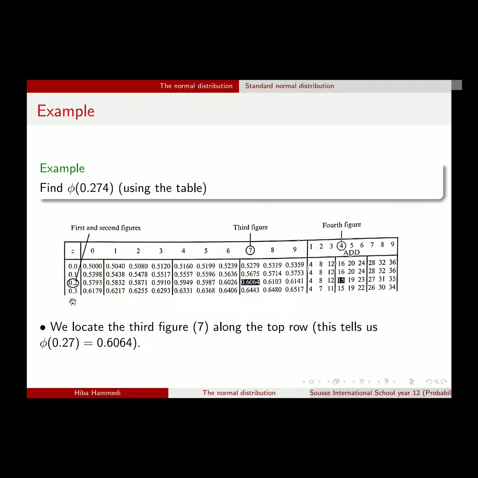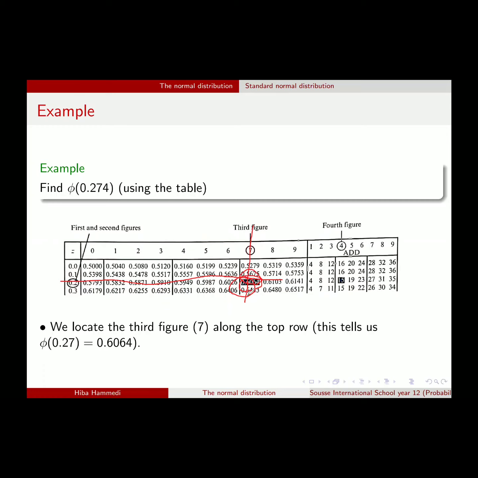Now the second step, we need to locate the third figure. The third figure is 7 here. So the third figure should be located here in this column. Now I need to see what is the intersection between this row and that column. So the intersection between these two is this value.